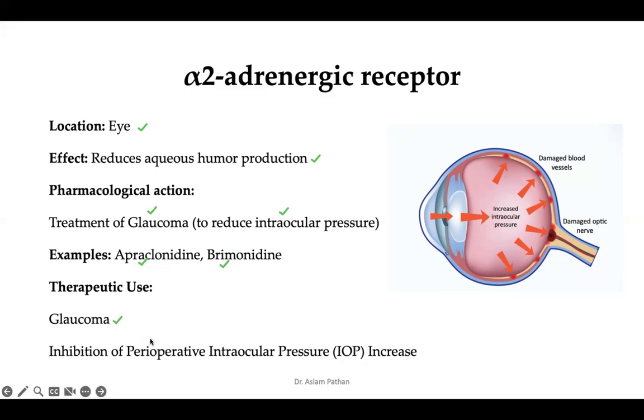The second use is inhibition of perioperative intraocular pressure increase. If the IOP is increased before surgery, to prepare the eye for surgery we need to decrease the intraocular pressure, and in this case we use apraclonidine or brimonidine eye drops.